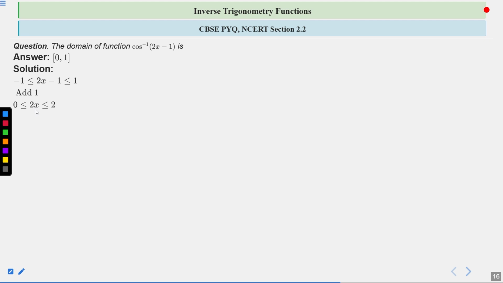So 2x will always lie between 0 to 2, right? Therefore, if we divide by 2 throughout now, we can say that x will always lie between 0 to 1, right? Clear? Therefore, the domain of the given function is 0 to 1, right?